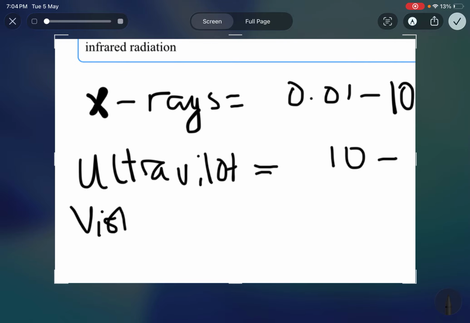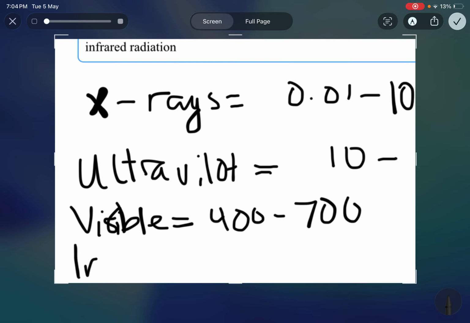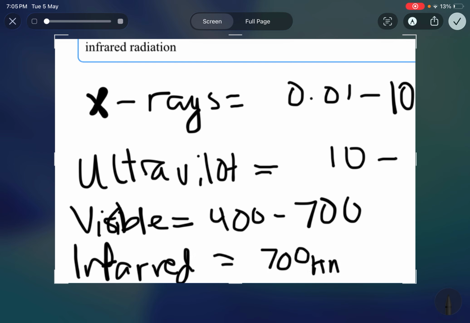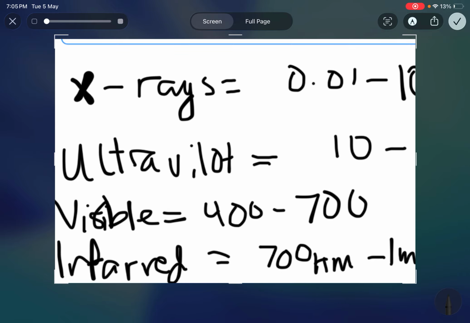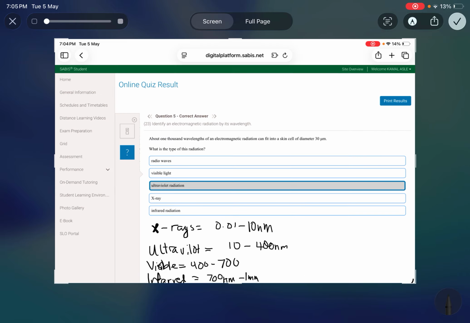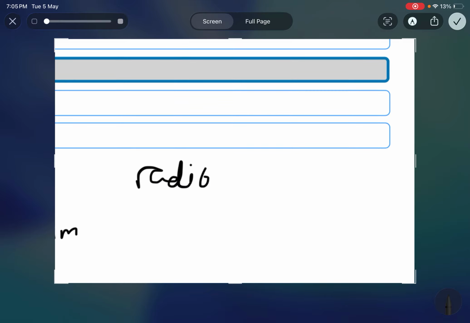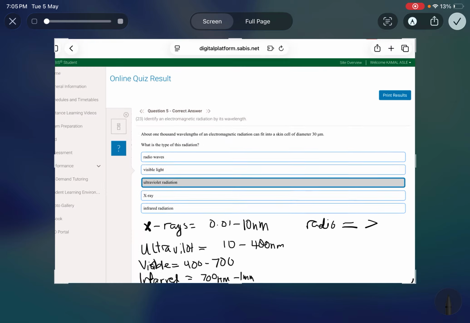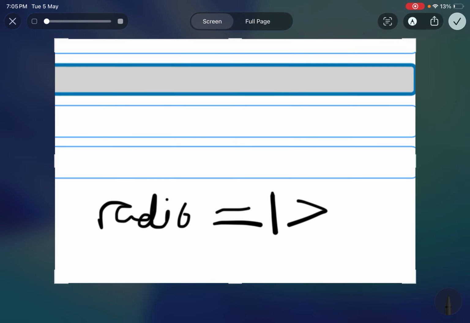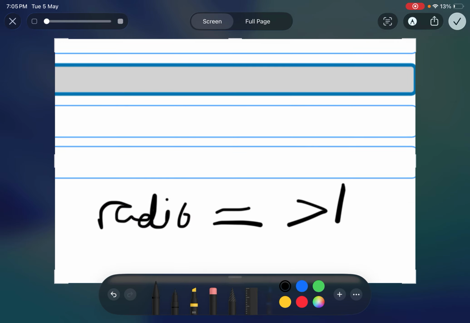Visible, so we're basically saying it in order, visible is 400 to 700. Infrared is 700 nm to 1 mm. And radio, the last one, okay, is much larger, so it's larger than 1.